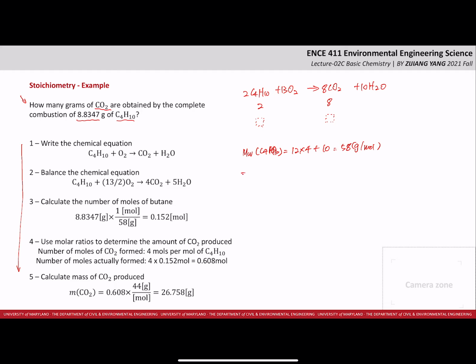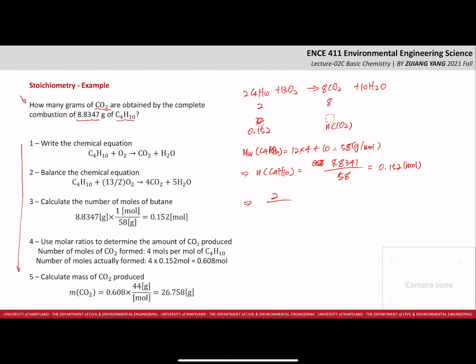And then we can calculate the amount of butane, C4H10. It equals this mass divided by the molecular weight. So the result is 0.152 mole.